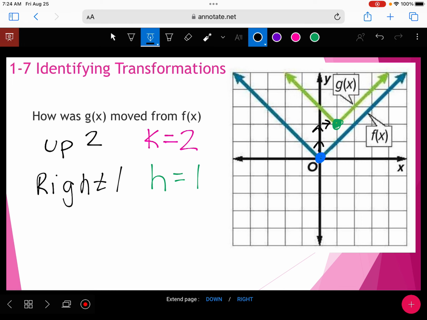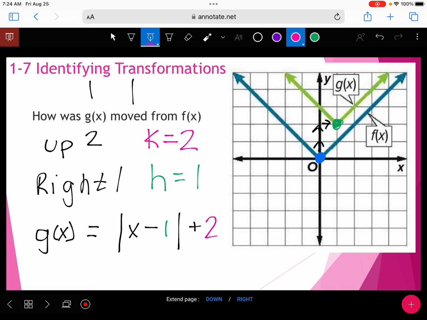It's V-shaped, so we're going to use our absolute value. So we're talking about the green one, which is g of x equals absolute value of x minus 1, plus 2.